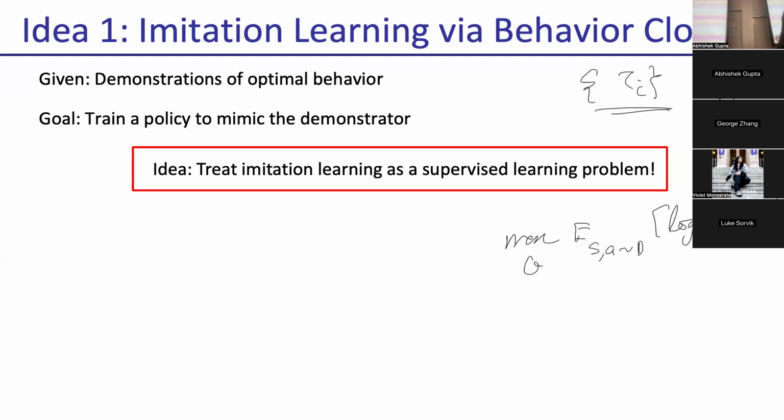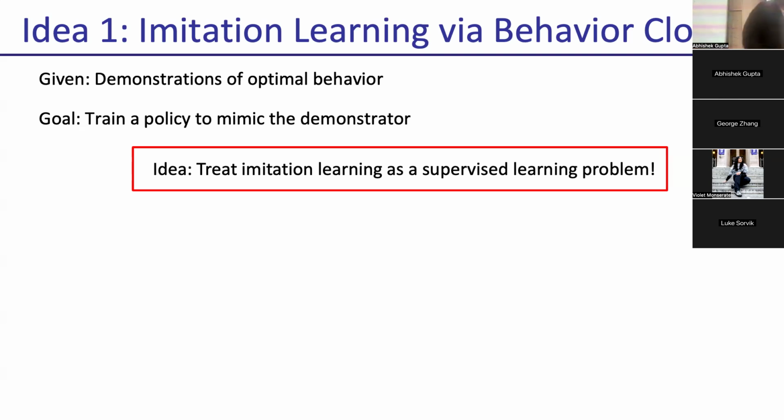Imitation learning with behavior cloning is the silliest possible thing you could do. It's just converting expert trajectories into IID samples of S and A, and then maximizing the likelihood of your policy producing A when it's fed in S. This only works because the data was expert. If the data was non-expert, you'd be copying a non-expert, which doesn't really make sense. That's the whole idea of behavior cloning.